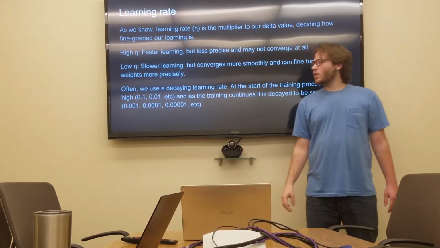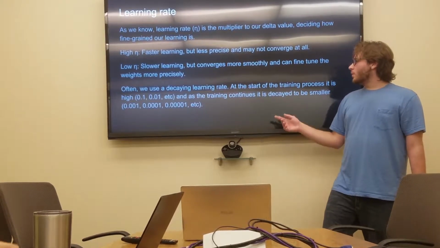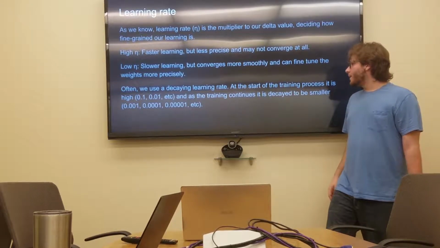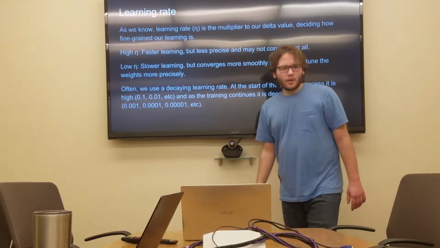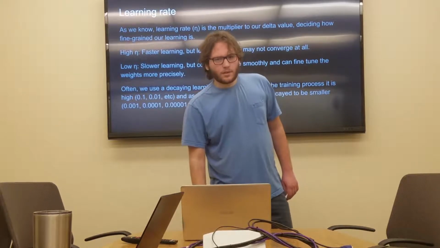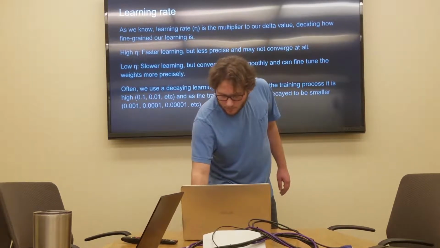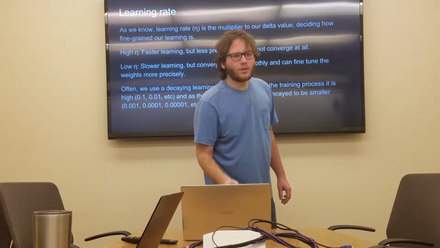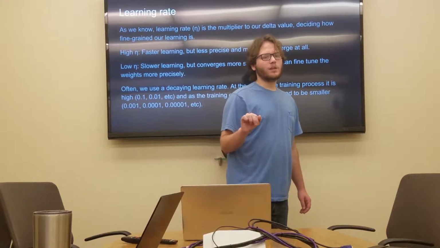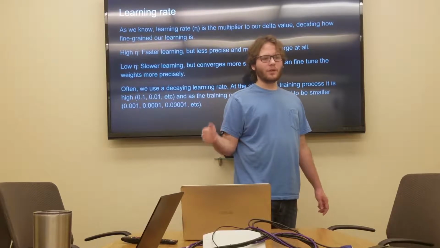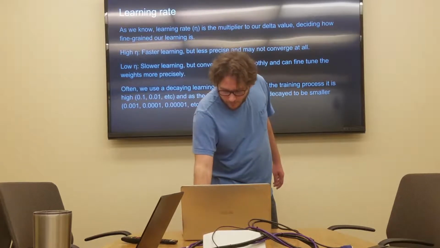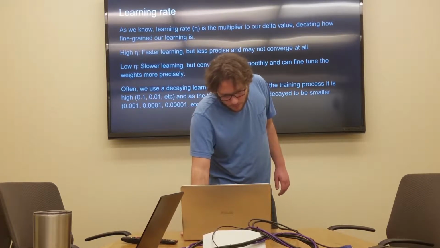Usually it's going to be pretty low though. 0.1, 0.01 are pretty common, especially for starting. You usually don't want to go more than that, because it can be a bit much. Unless you're using a really simple data set, in which case you can just make it 1 and not have a learning rate, but you usually want to make it pretty small.